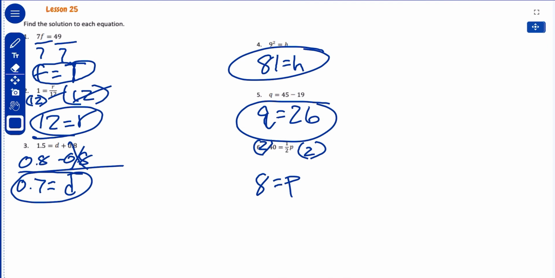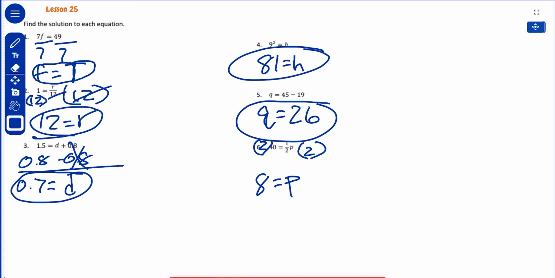Do y'all understand that? If you're multiplying by a fraction, to do the opposite, you can divide by the reciprocal. Now think about that. When you divide by a fraction, what do you do?